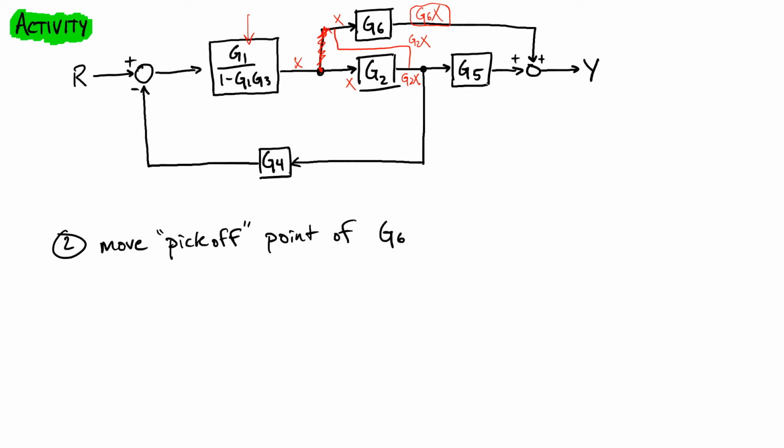So one way to do this is to divide what's inside the block by another transfer function. So we can put G2 in here. So we can replace that G6 when we move the pickup point here. We can replace that with G6 over G2. And now G2X is now the input. And once I multiply through by G6 over G2, these two G2s cancel, and that produces G6X.